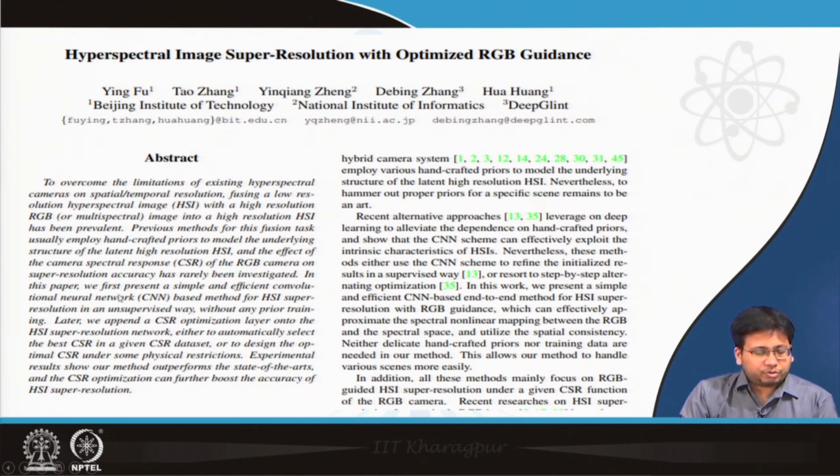In this paper, we first present a simple and efficient CNN based method for HSI super resolution in an unsupervised way without any prior. Later, we append a CSR optimization layer onto the HSI super resolution network, either to automatically select the best CSR or to design the optimal CSR under some physical restrictions.